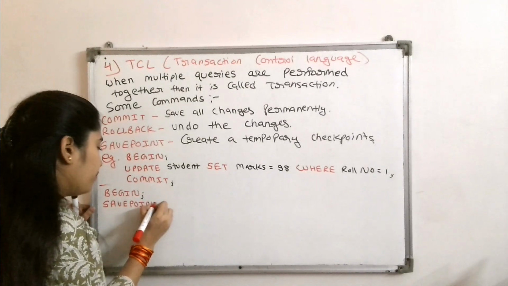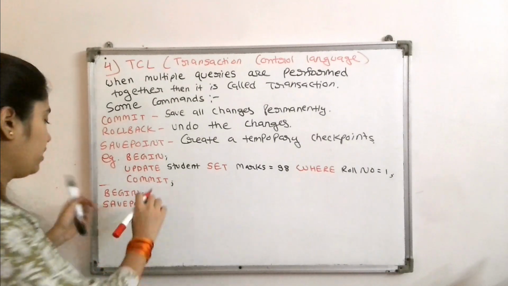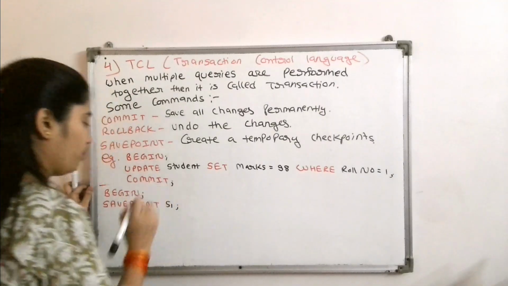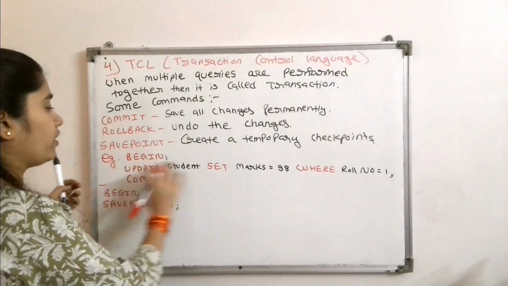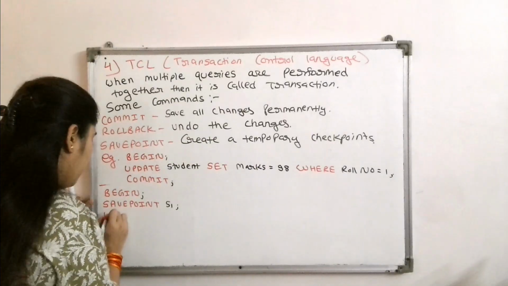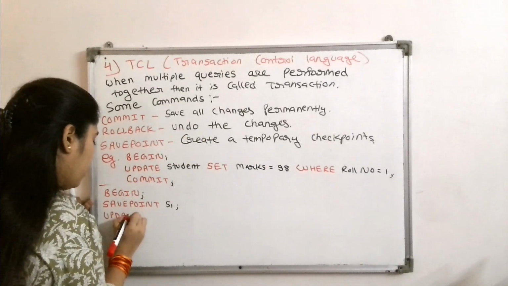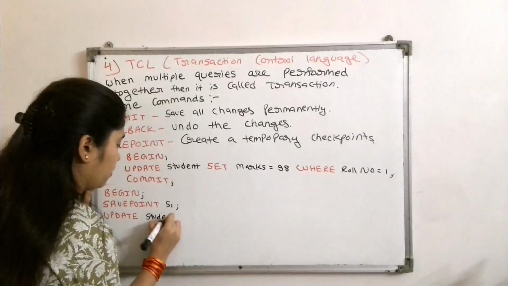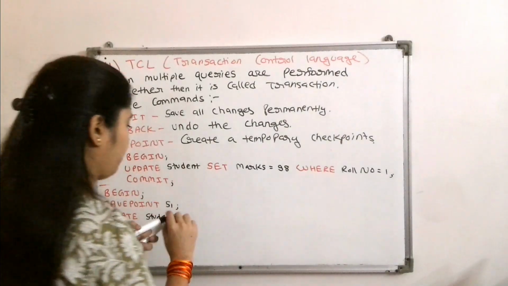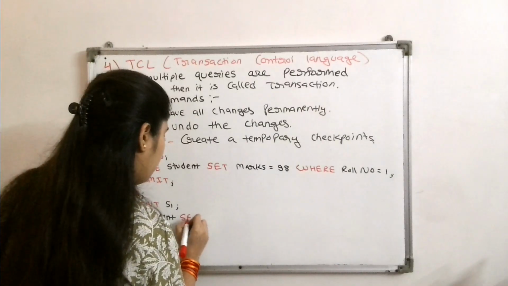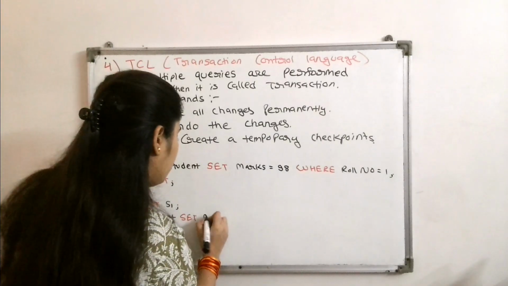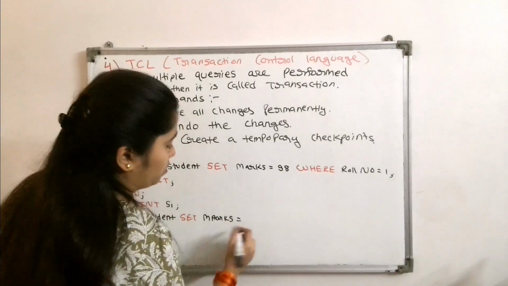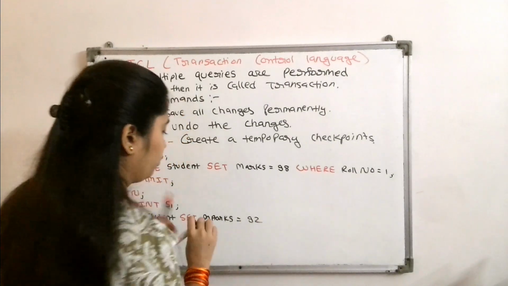Here we are making the savepoint. Suppose we have named it S1. Then after that you write the update query: update student set marks equals suppose 92.